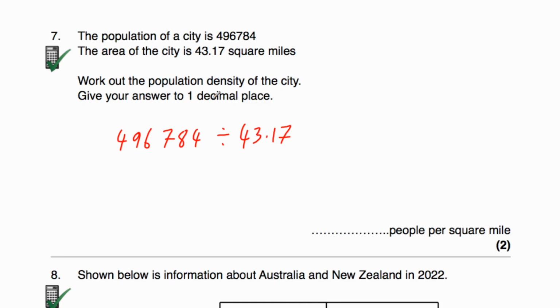So if we divide the number of people by how many square miles there are, that would tell us how many people, if we were to share them out equally amongst each one of the square miles, how many people will be in each one of those. So let's see what we get. And that's equal to 11,507.62103. So we've been asked to round that to 1 decimal place, so our answer will be 11,507.6.